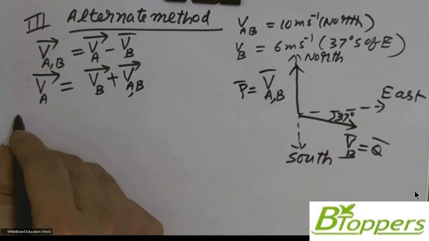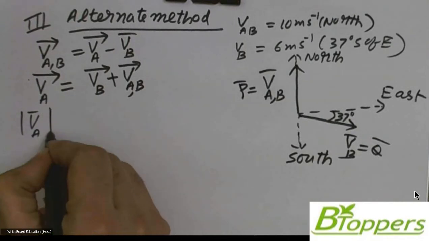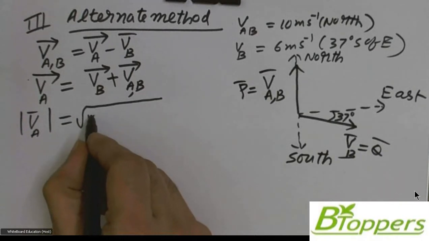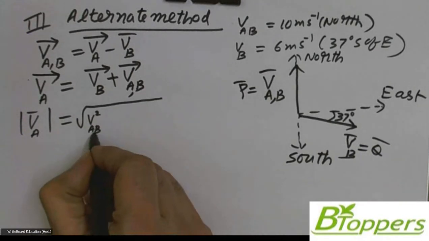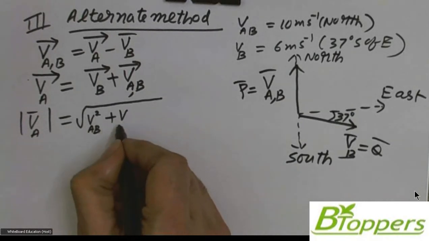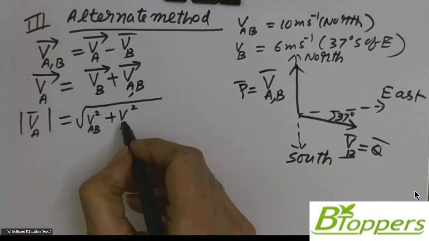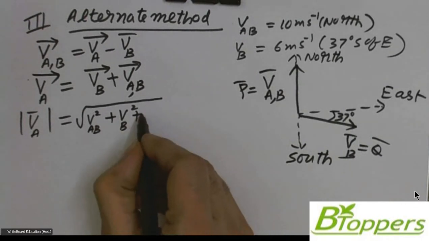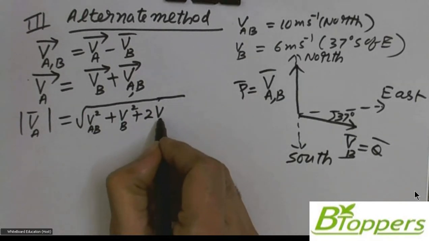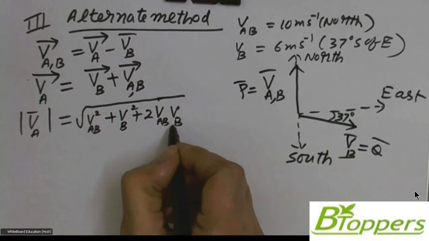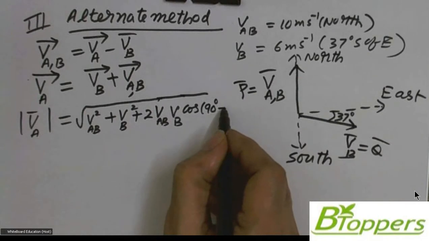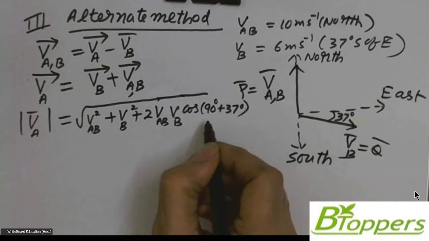So the modulus of the actual velocity of A will be root of P square, meaning the square of the magnitude of the relative velocity of A with respect to B, plus Q square, meaning the square of the magnitude of the velocity of B, plus 2PQ cos theta, that is 2 VAB into VB, cos of the angle between P bar and Q bar, meaning 90 degrees plus 37 degrees.